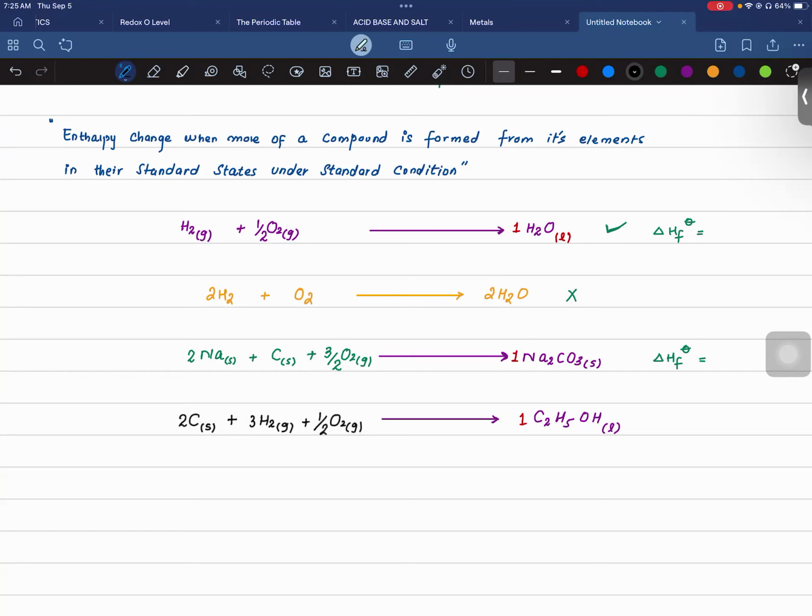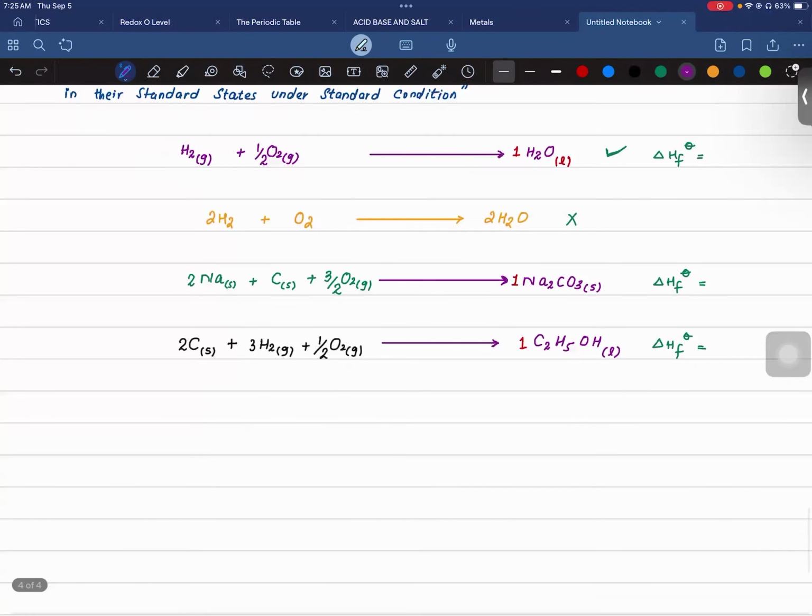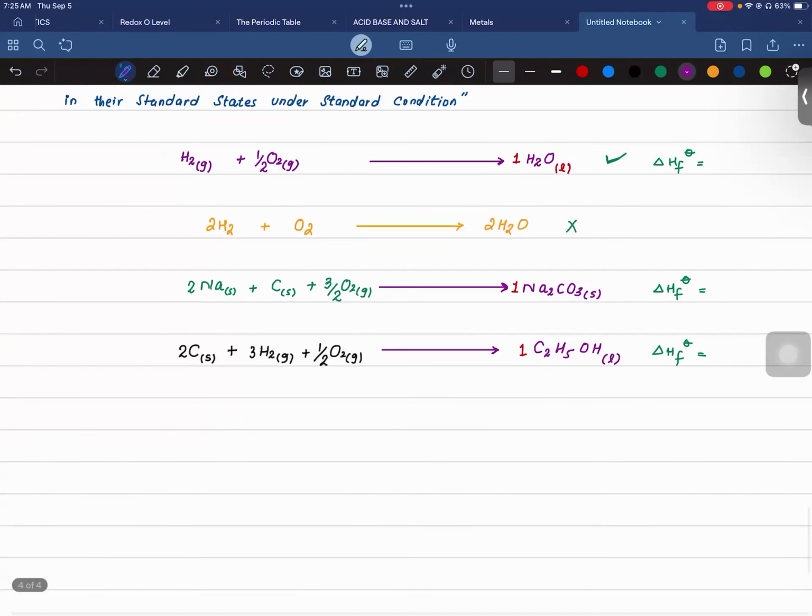I'm going to write half over here. This is the balanced equation. So the energy that is released or absorbed would be called standard enthalpy change of formation.